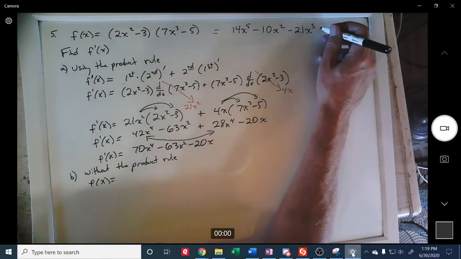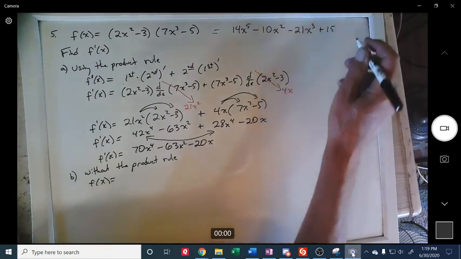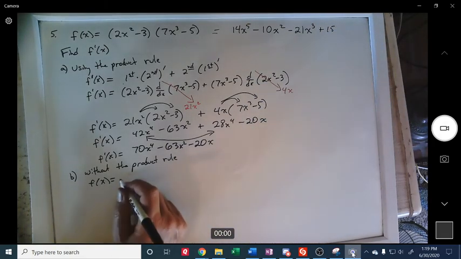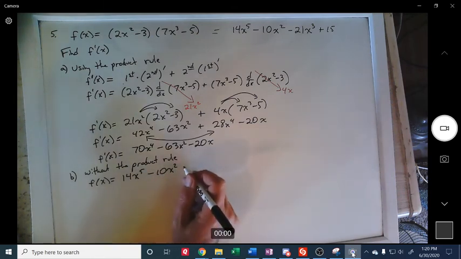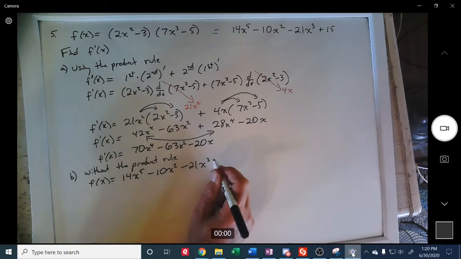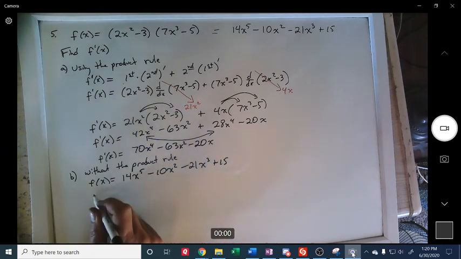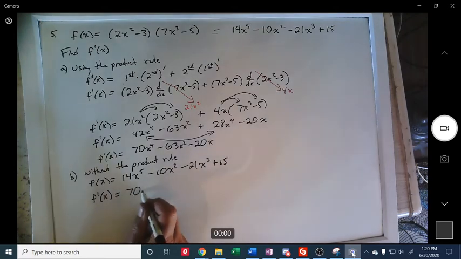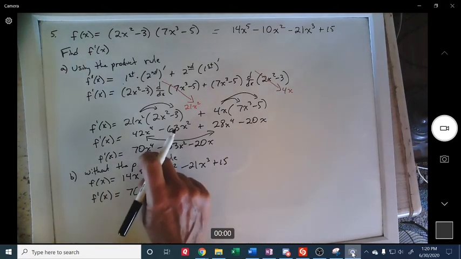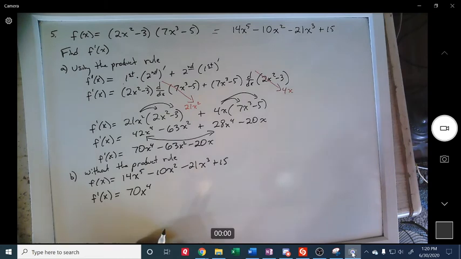Distribute, the last one is plus 15. All right, so f of x was also 14x to the fifth minus 10x squared minus 21x cubed plus 15. So f prime of x, if I do this, 15 times 4 is 60 and 20 is 70, x to the fourth. And notice that's matching exactly what was up here.